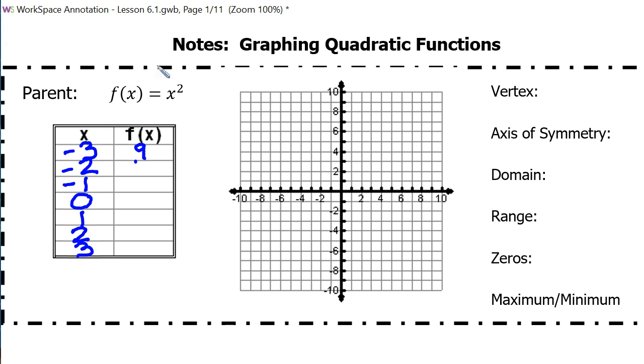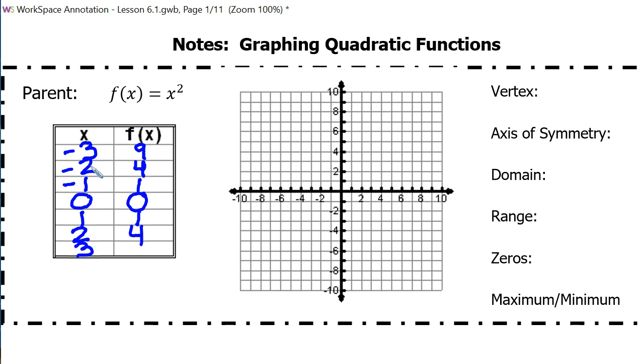If I put the -1 in for x, what is -1 squared? 1. If I put the 0 in for x, what is 0 squared? 0. If I put in the 1 for x, what is 1 squared? 1. If I put in the 2 for x, what is 2 squared? 4. If I put in the 3 for x, what is 3 squared?